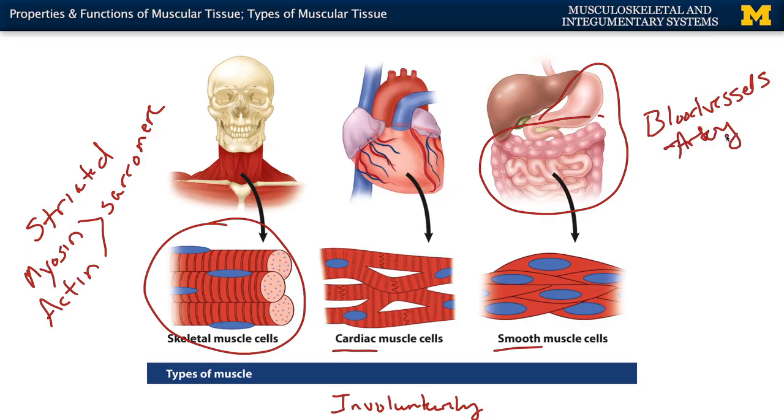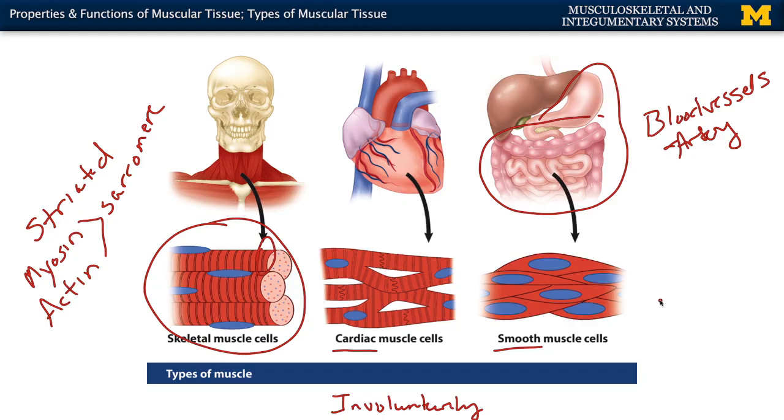Now, if you're looking at the schematic here, you can see that you don't have that typical striation that you have in the skeletal muscle cells as well as the cardiac muscle cells. You do not have the organization of those filaments, the myosin and the actin, into the sarcomere. So histologically, you don't have that presentation. Now, you very much obviously have myosin and actin because there's contraction. It's just not organized in the same manner.